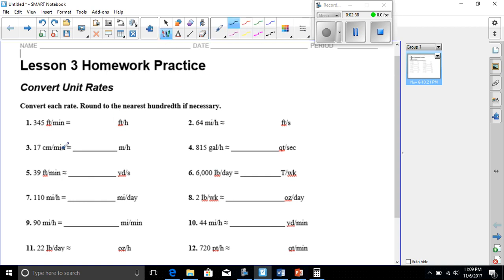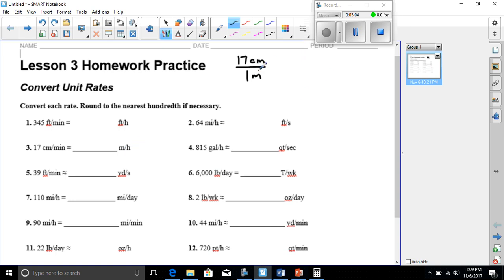All right, my next one is 17 centimeters per minute. So that would be 17 centimeters over 1 minute. And we're going to convert this to meters per hour.